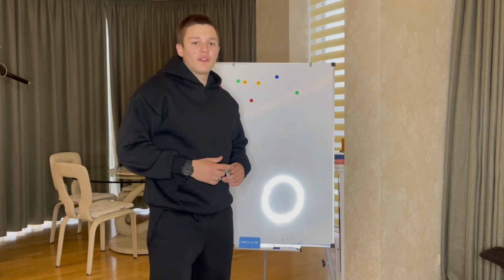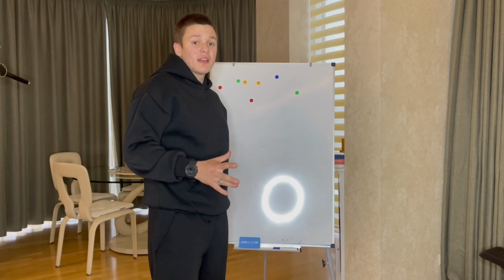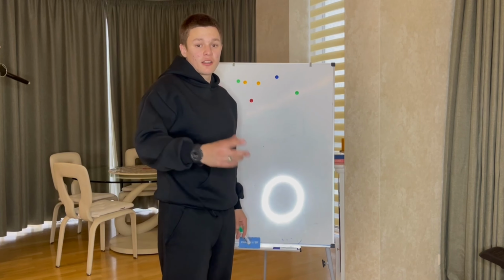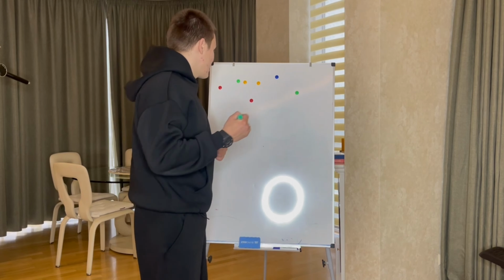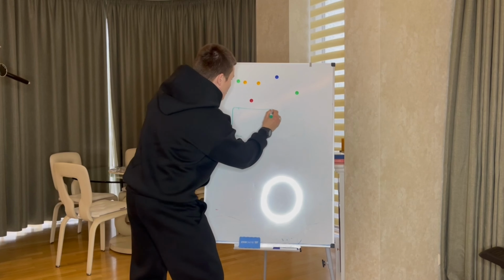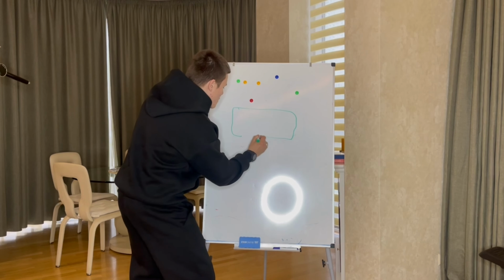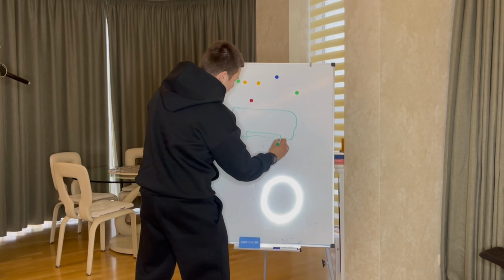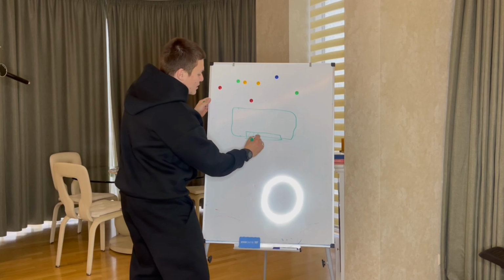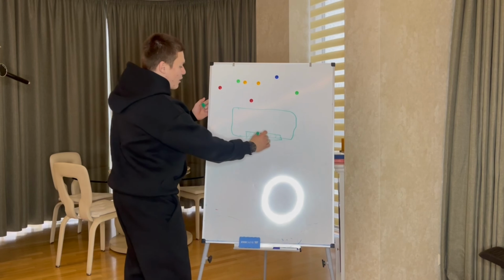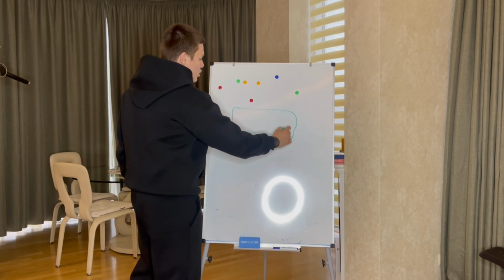Although the trajectory of such a flight is called a circle, in practice it is a rectangle with rounded corners. It's something like that, for example. Sorry for my painting skills. This channel is not about painting skills, it's about aviation. This is a runway, and this is our circle.